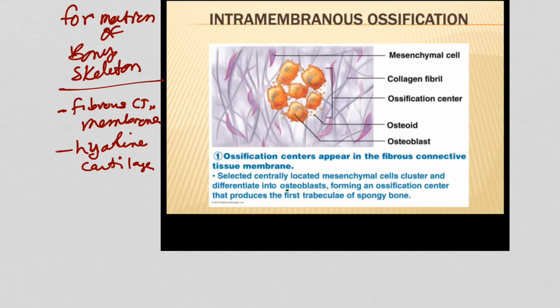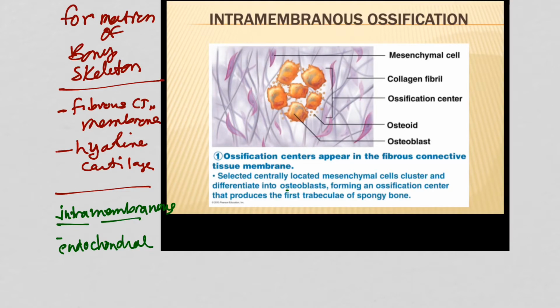So, which process is used? There are basically two types of bony skeleton formation. You have intramembranous, or you have endochondral. So the name tells you where it's coming from. For example, intramembranous means within a membrane.